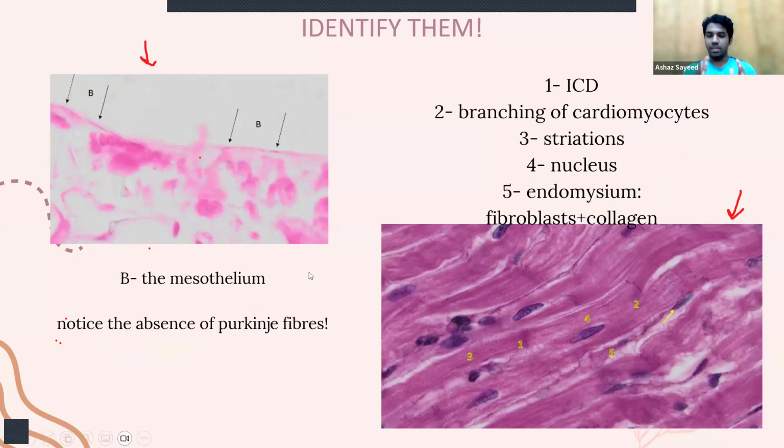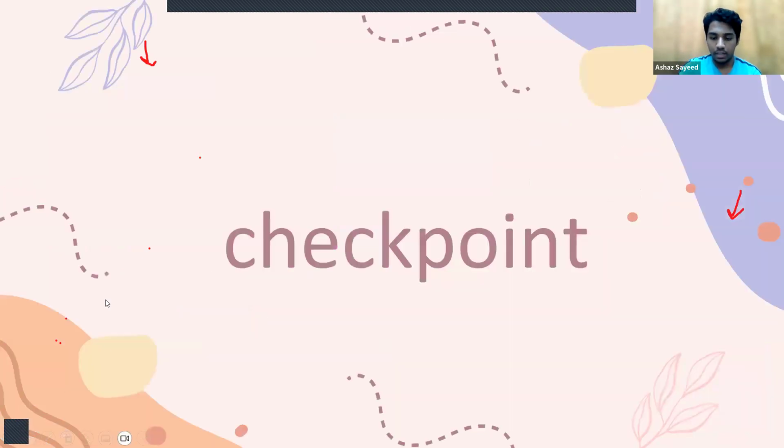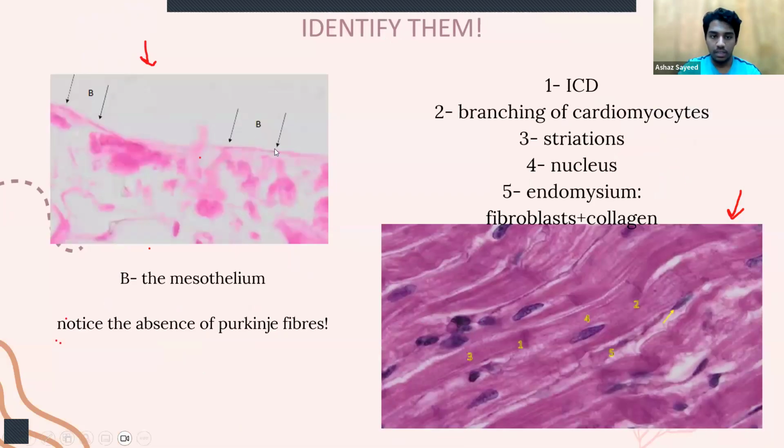Whenever you want to search for the endocardium, look for Purkinje fibers. Here I don't see any Purkinje fibers. It's just this white hue with some mesothelial cells over there. So it's the mesothelium.